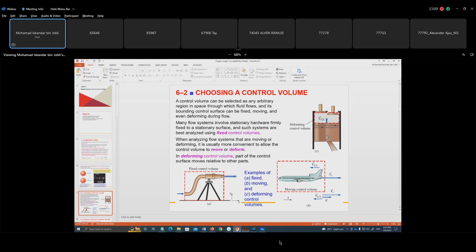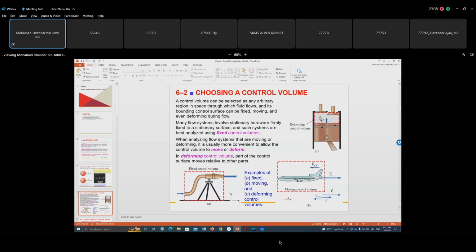And this one is, I think, self-explanatory. For the piston cylinder device, you have a control volume in here. If you are choosing this as a control volume, it changes. It deforms. When this piston is going down, the control volume is increasing in size, and the moment this piston goes up, it is decreasing in size.